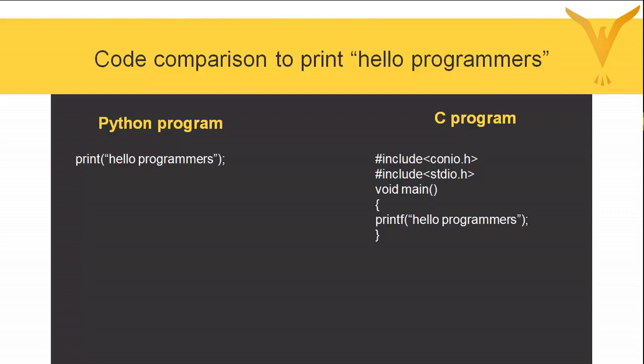If you want to print just hello programmers, your C program will take around 4 to 5 lines, but on the other hand, as you can see, Python takes only one line to print hello programmers. So as you can see, it is very easy for a programmer to write a Python program.